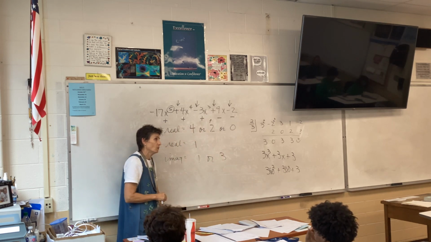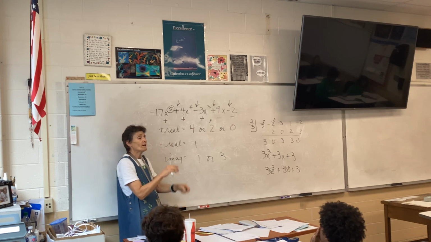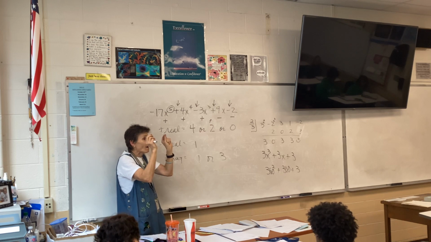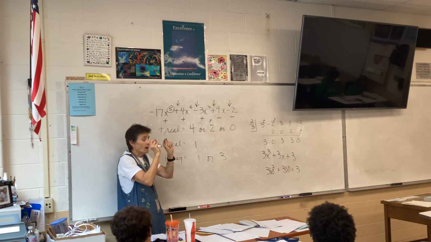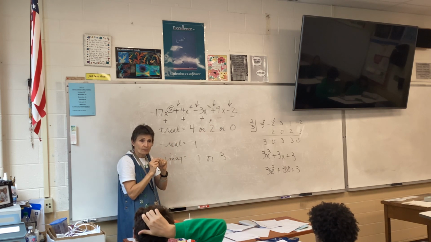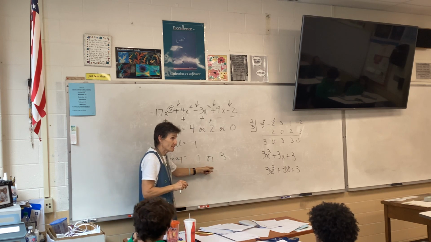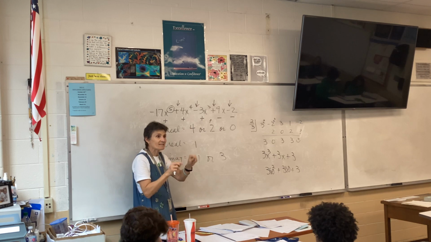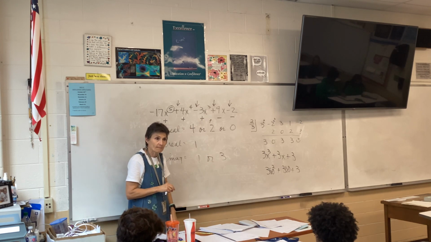Is that possible? No. Keep your brains functioning, people. You cannot have an odd number of imaginary roots. So if somehow you messed up and it did, go back and fix it.